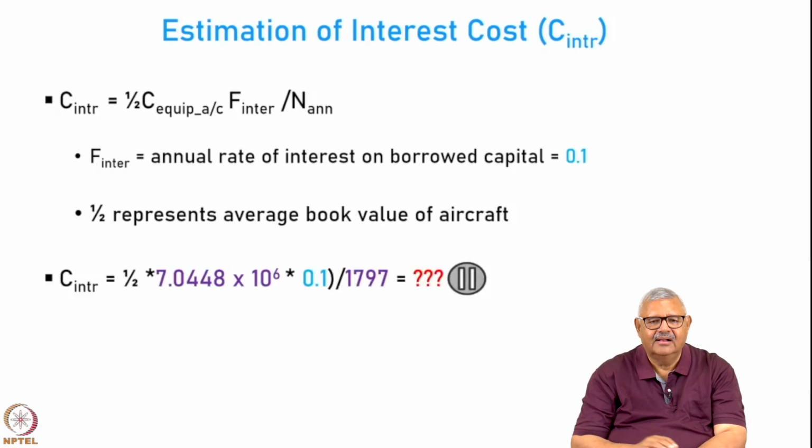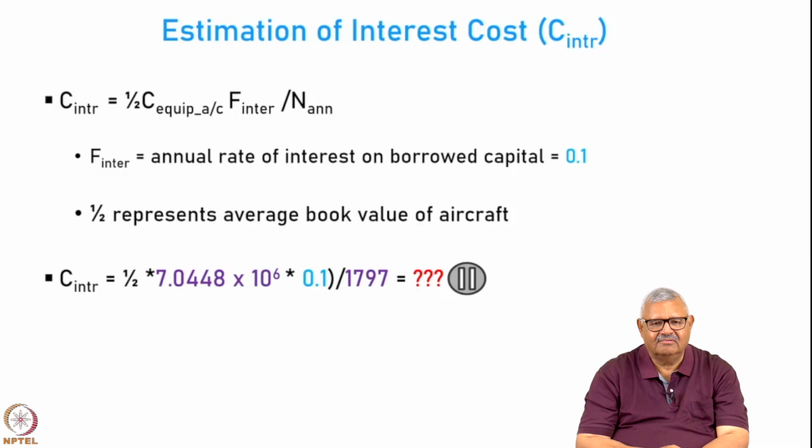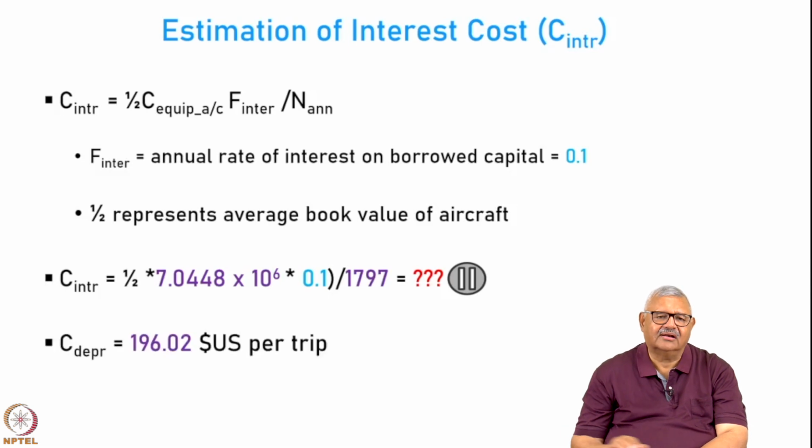So, half of it. So, therefore, the 7.048 million US, they will have to be taken up at 10% interest from the market, and if you divide that by the number of trips per year, you will get an idea about the interest costs. So, that comes out to be 196 US per trip.